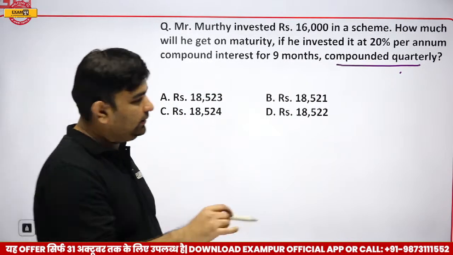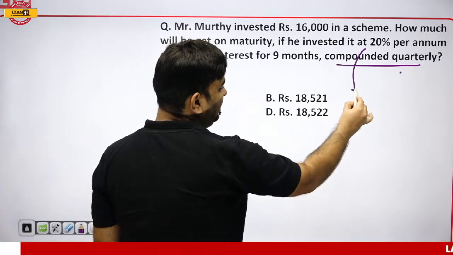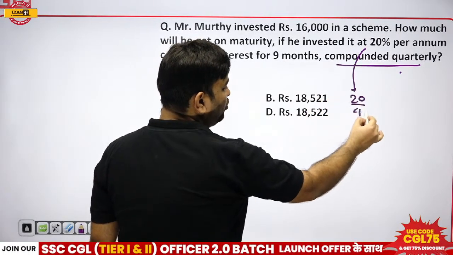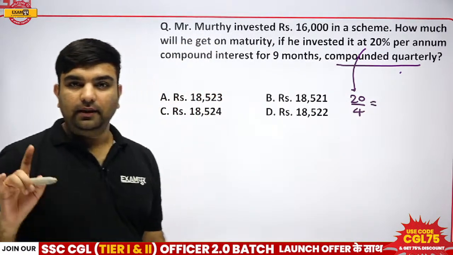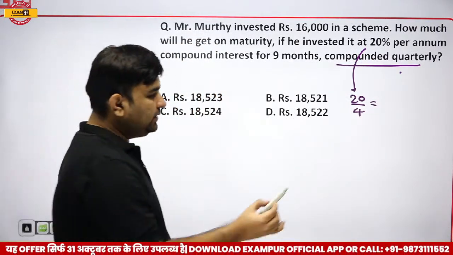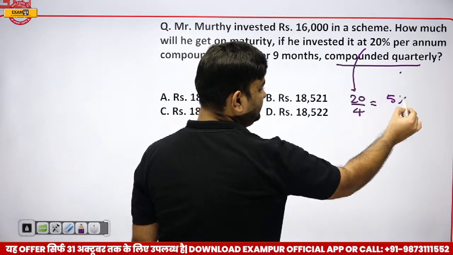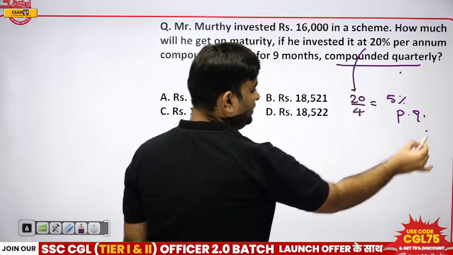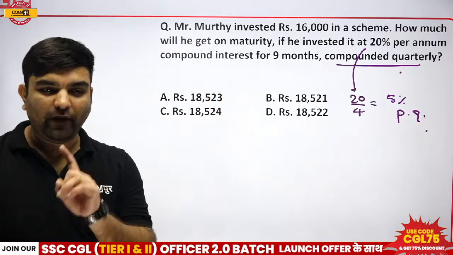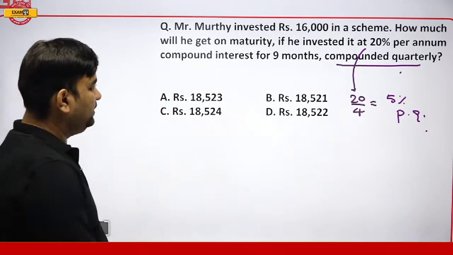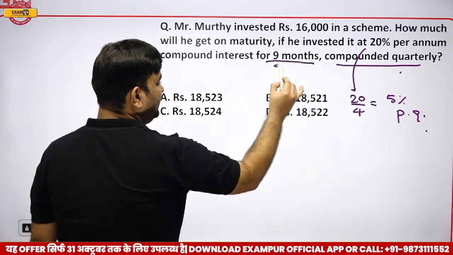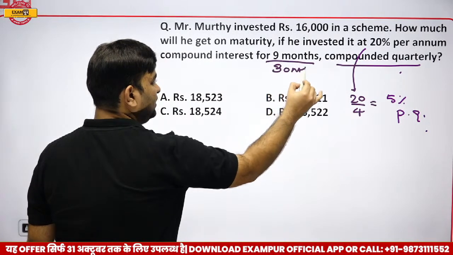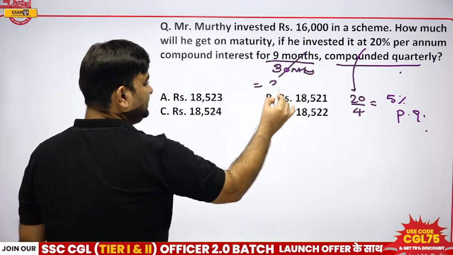Compounding is done quarterly, so the rate is also quarterly. In 1 year there are 4 quarters, so 5% per quarter. A quarter is a period of 3 months, so there are 3 quarters.